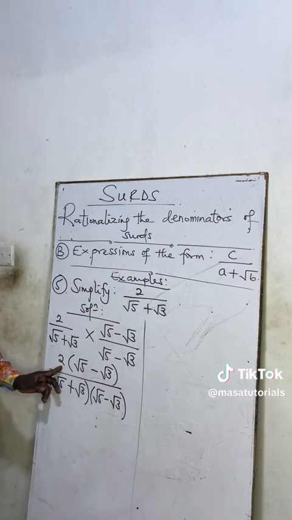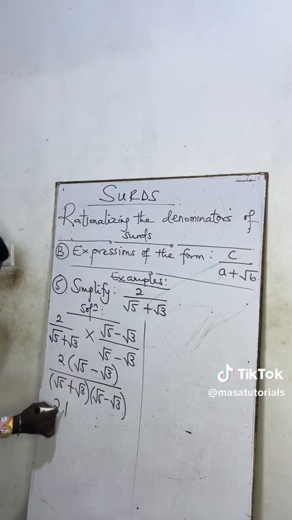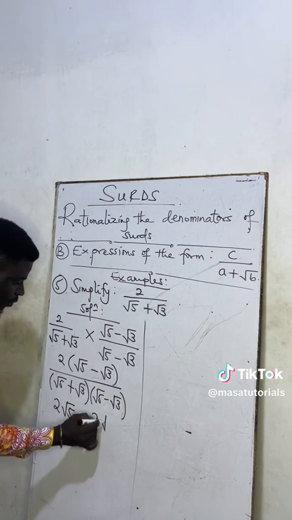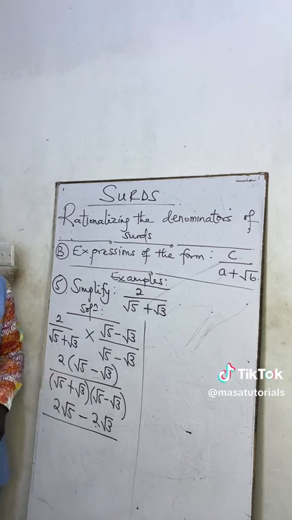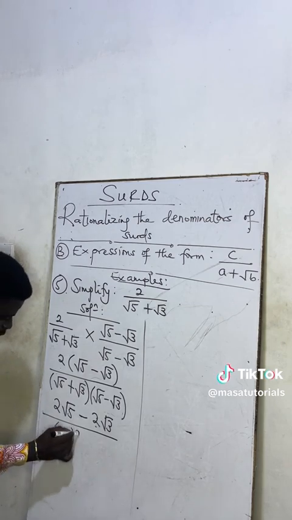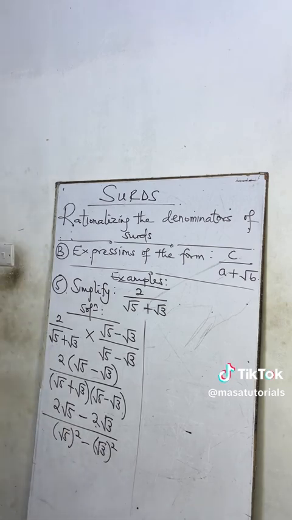We use the distributive property. 2 multiplies that, 2 multiplies that. So 2 times square root of 5 will be 2 square root of 5 minus 2 times square root of 3 will be 2 square root of 3. All over, we apply difference of 2 squares. So we take the expression that contains minus. So it will be square root of 5 all squared minus square root of 3 all squared.